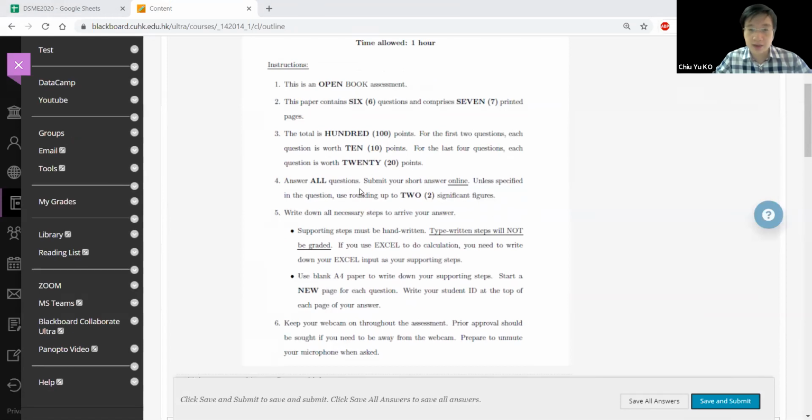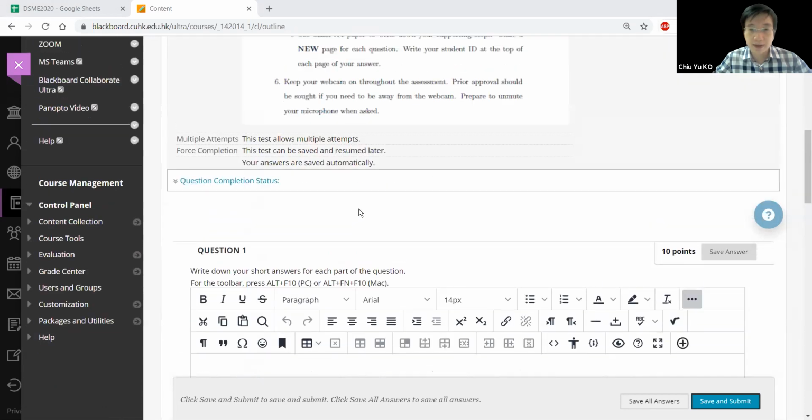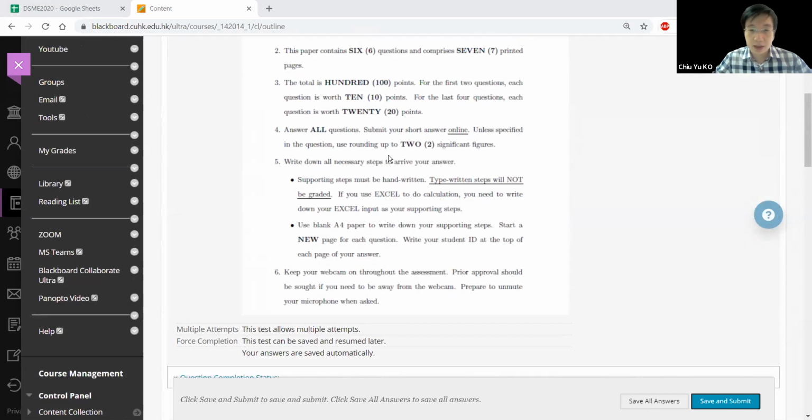Then you submit your answer online, which is here. You write down your answers, and submit your written work. I put a place where you should submit your written answer as well. You just take a picture and send it up. I want it to be handwritten, to avoid cheating, so I need you to write your own.